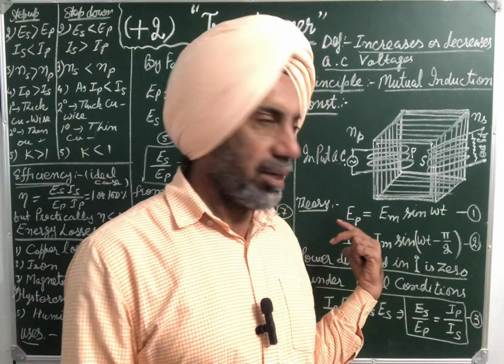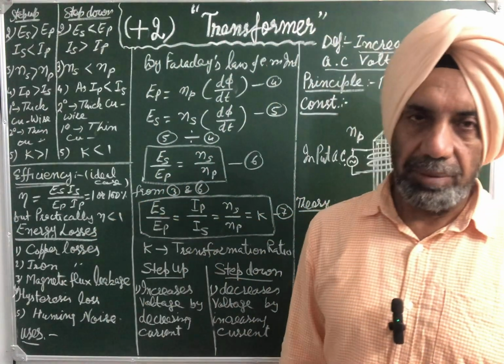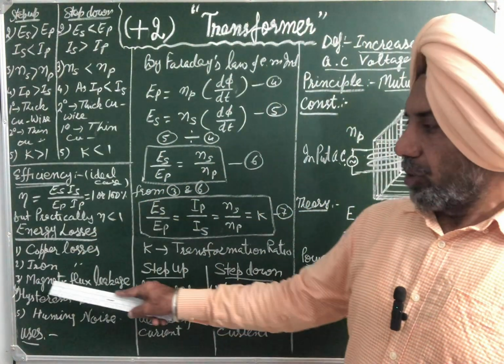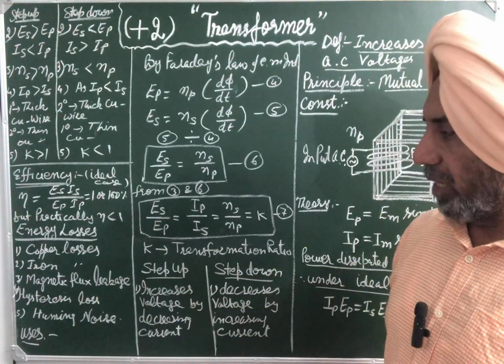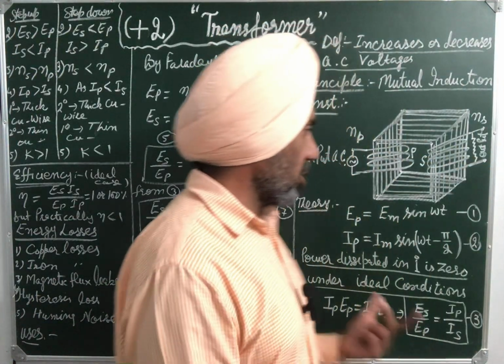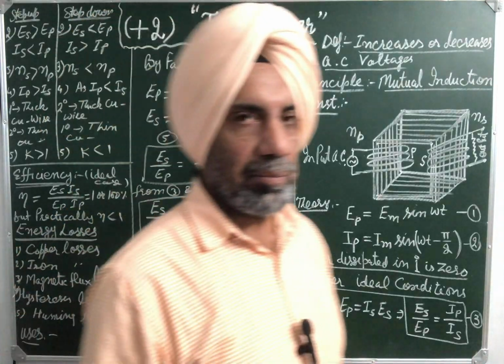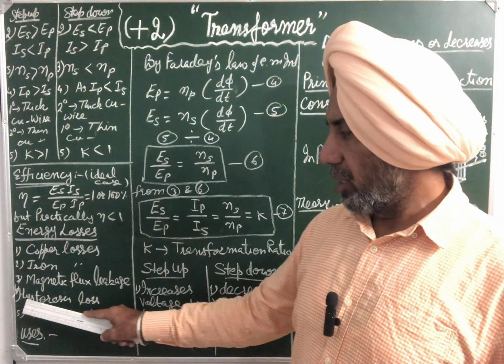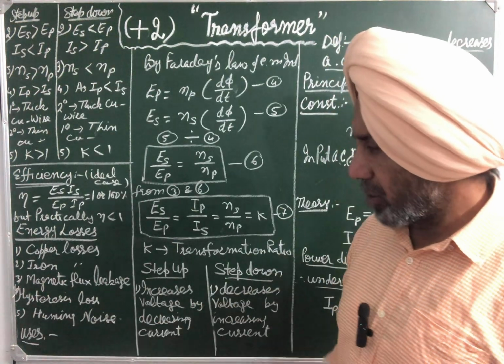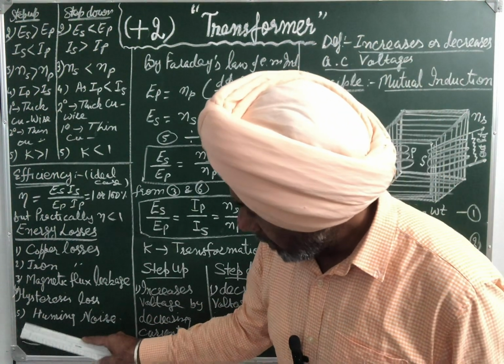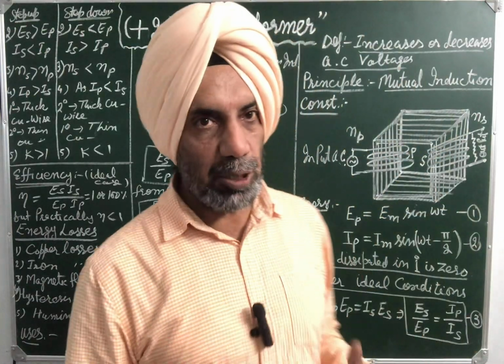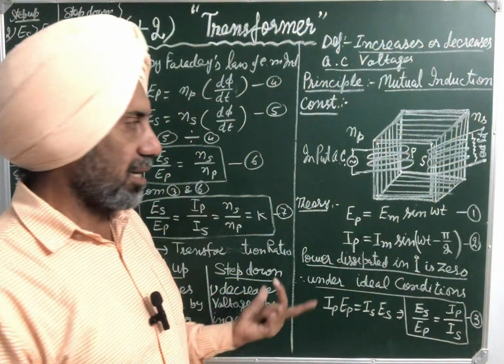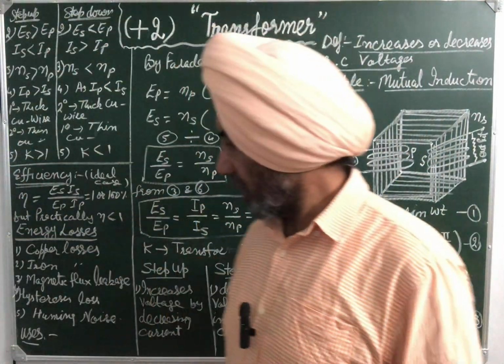This will be discussed in magnetism. To minimize it we can use laminated soft iron core, but there is still some loss, known as hysteresis loss. Then humming noise: the transformer also produces some noise, as a result of which some energy is wasted.